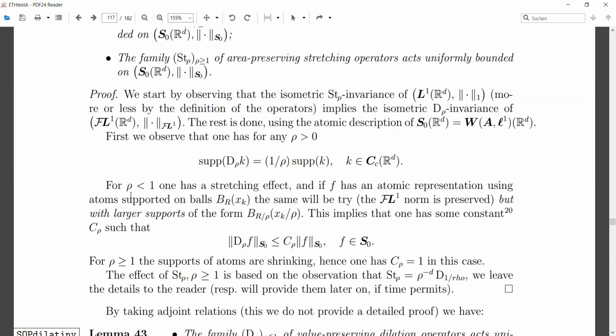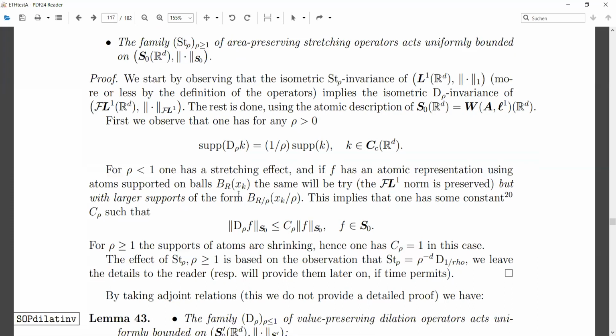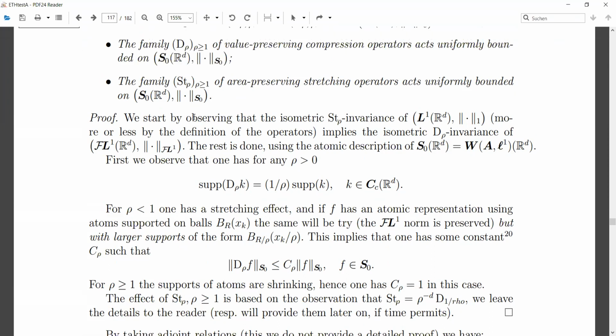And if rho is a stretching operator, that would be a constant which has to do with the number of balls that you need of a small size to cover a big ball. But as I was already indicating, and that was my focus before, if you're doing compression in the sense of shrinking supports, then you can even have the constant equal 1, and that's the statement that we have here.